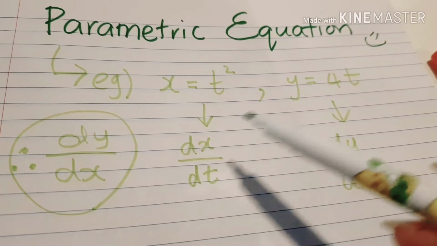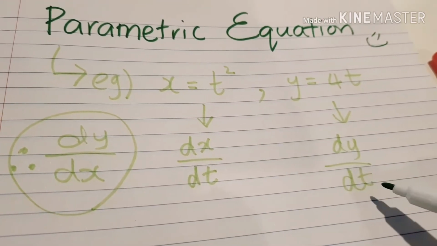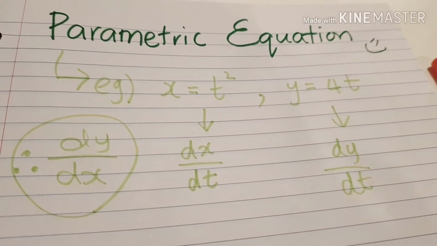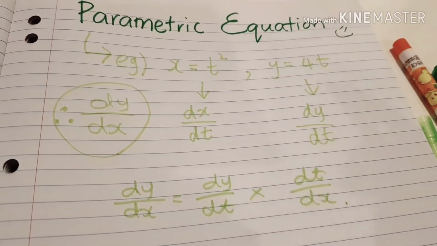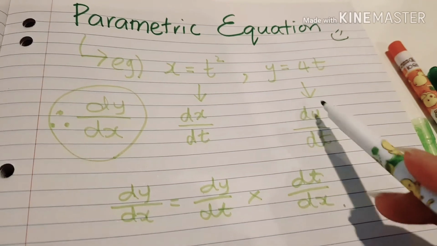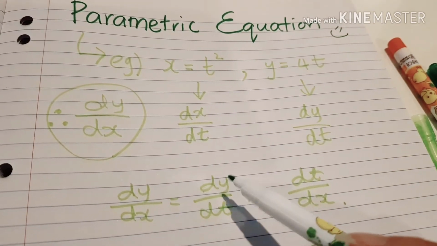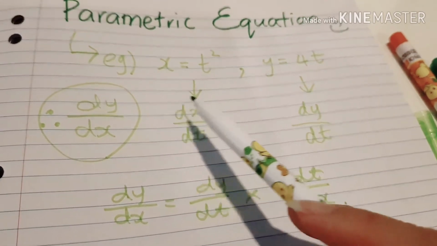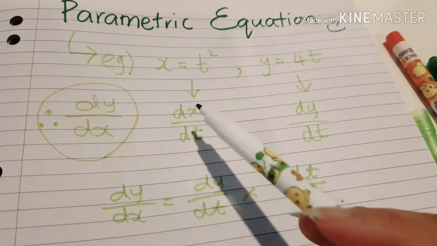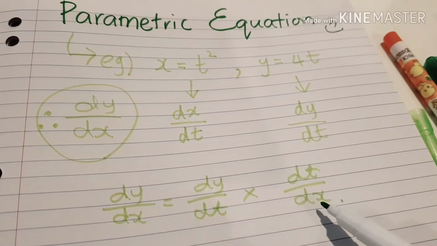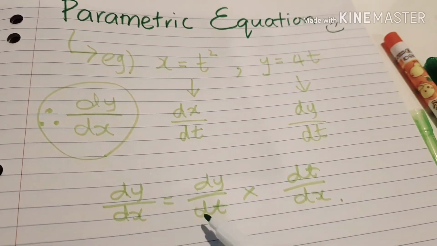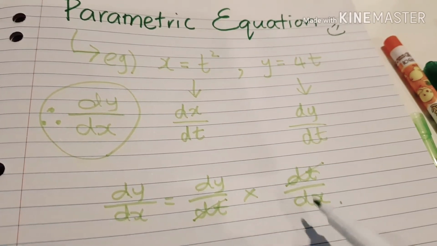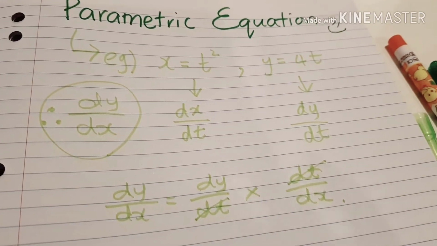Using the chain rule, we can make up dy over dx just like this: dy over dt, because y is at the top, or vice versa, it doesn't matter. And we want dt to be at the bottom, so I flipped it and multiplied it like that, so I can cancel out dt and dt, and dy over dx remains.